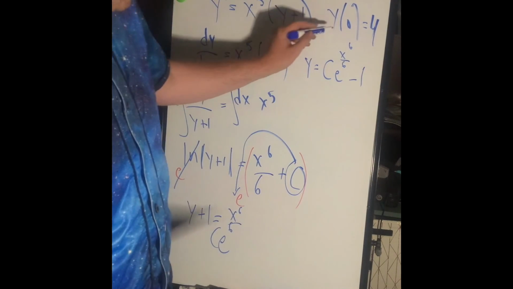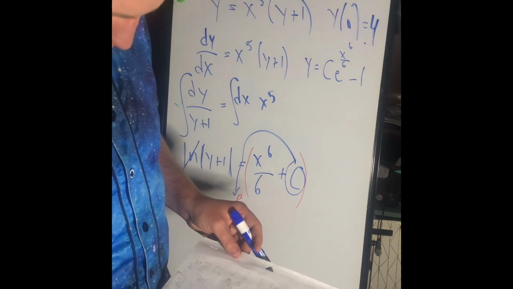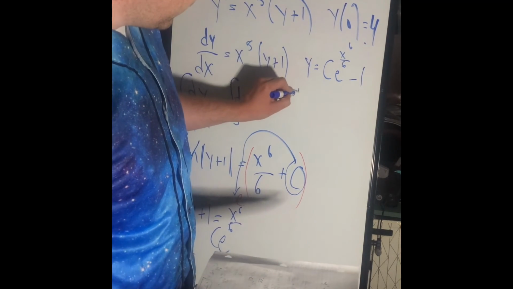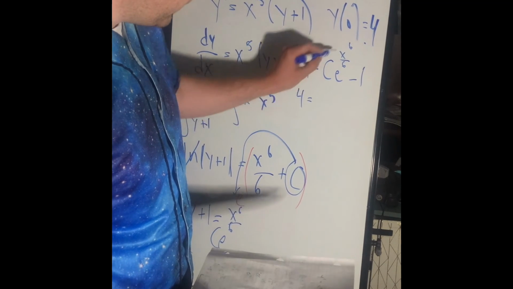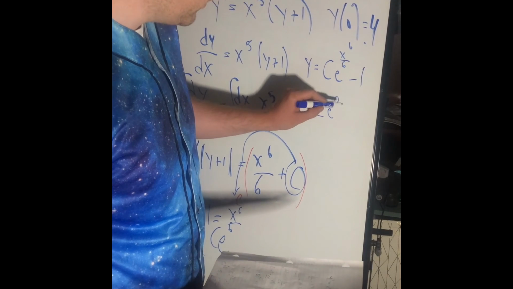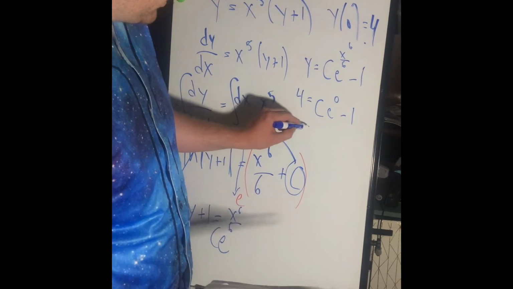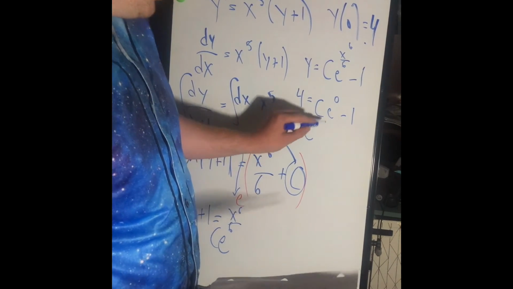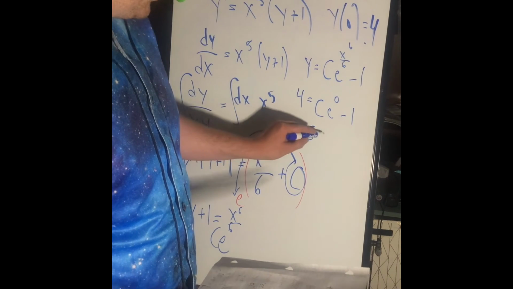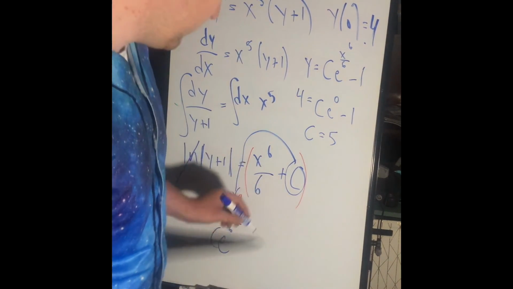And we have this condition, y of 0 is equal to 4. So y is equal to 4 and the x value is equal to 0. So we have c e to the 0 minus 1. e to the 0 is just 1. 4 plus 1 is 5, so that gives us c is equal to 5.